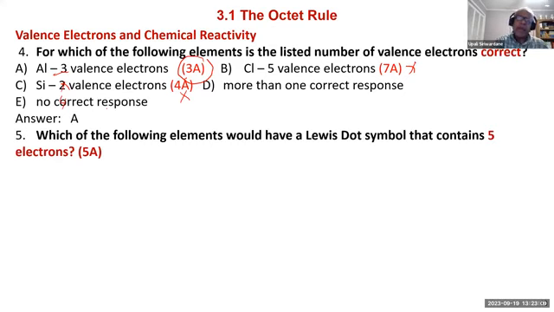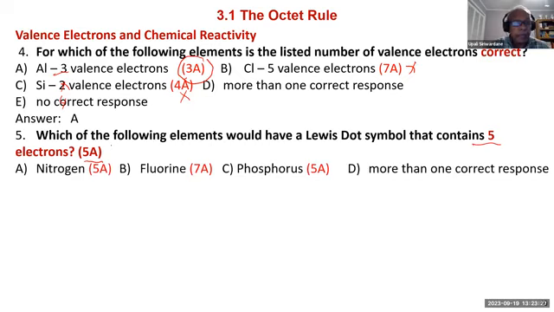Which of the following elements would have a Lewis dot symbol that contains 5 electrons? If an atom contains 5 valence electrons, it must be in group 5A, the nitrogen group. So nitrogen is 5A. Phosphorus is also in the same group, below nitrogen. Therefore, these two have 5 electrons. This has 7 electrons.